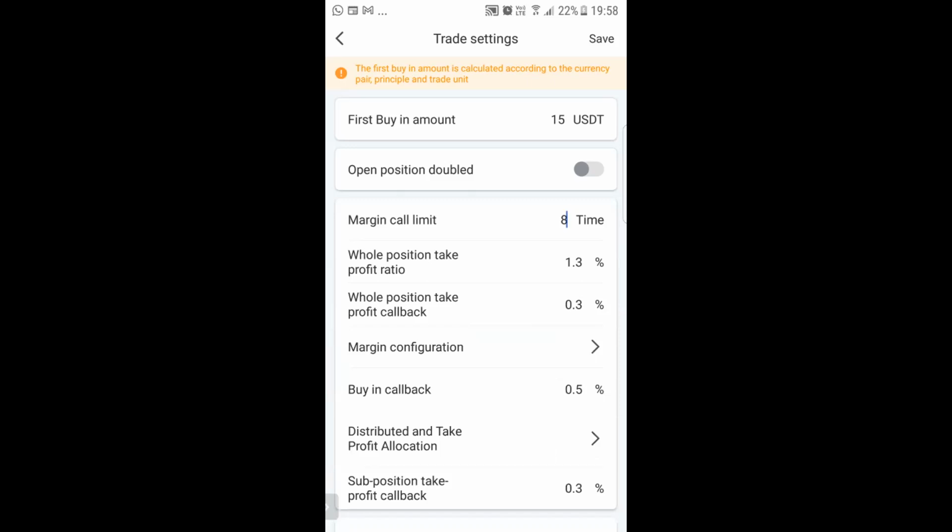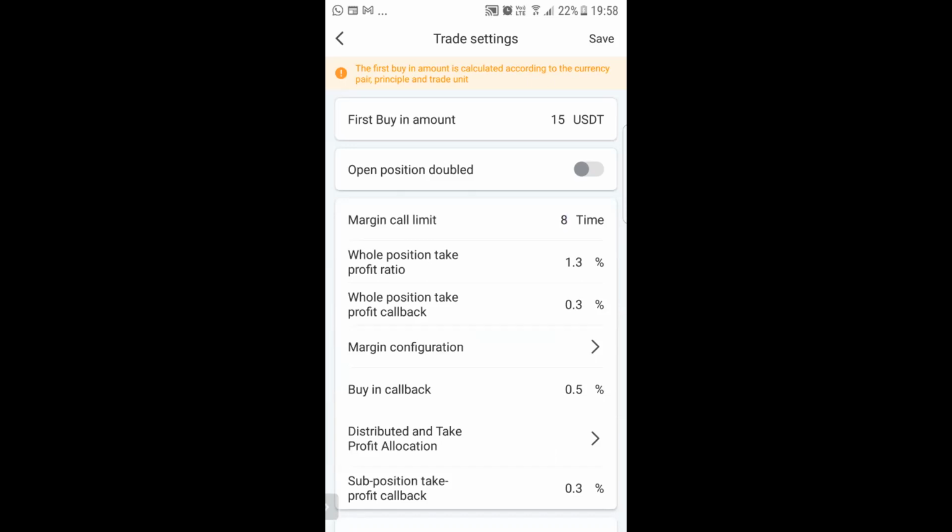We're going to use 8, and I'm going to capture pictures of this as we agree together. We're going to use 8 margin call limits. These margin call limits mean that as the market falls, the robot will be buying at different levels and so forth, thereby accumulating your quantity of whatever asset you will be trading.